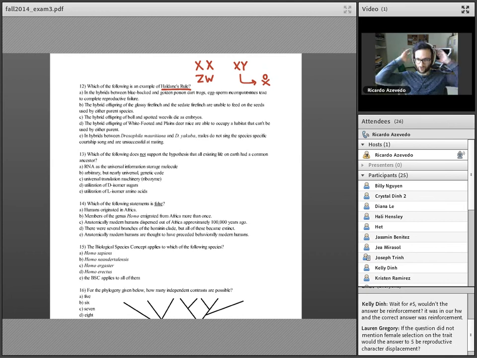So does anyone have any suggestion on why, when you have two different types of sex chromosomes in an individual, it's more likely for that individual to suffer the consequence of hybridization? Anyone?